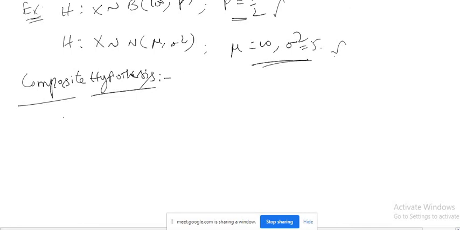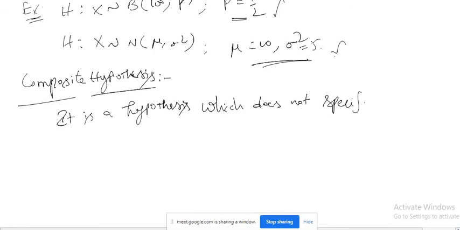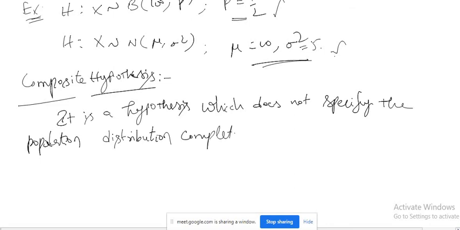Composite hypothesis. It is a hypothesis which does not specify the population distribution completely.